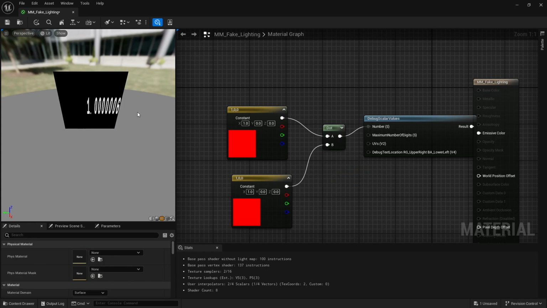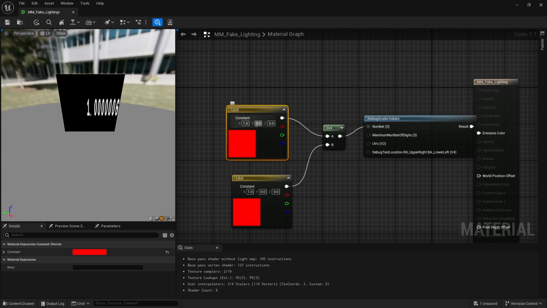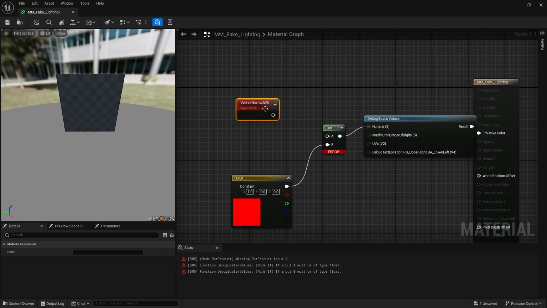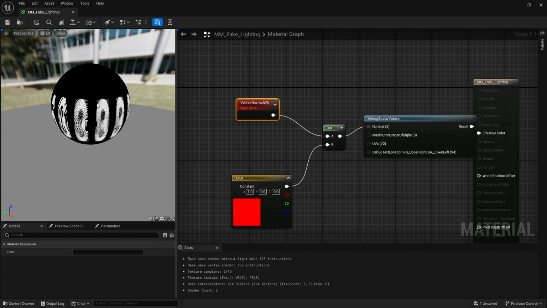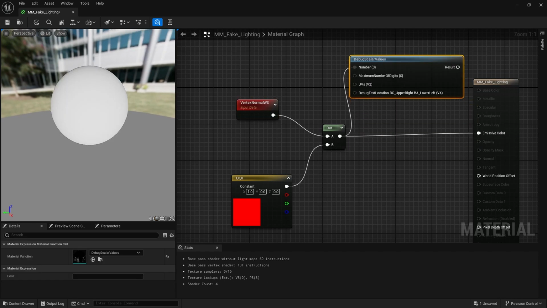And how we can create this using our atmospheric light, let's say I use this and I use a vertex normal, and I input it here, and I watch it on a sphere and just remove the debug scalar values for now.